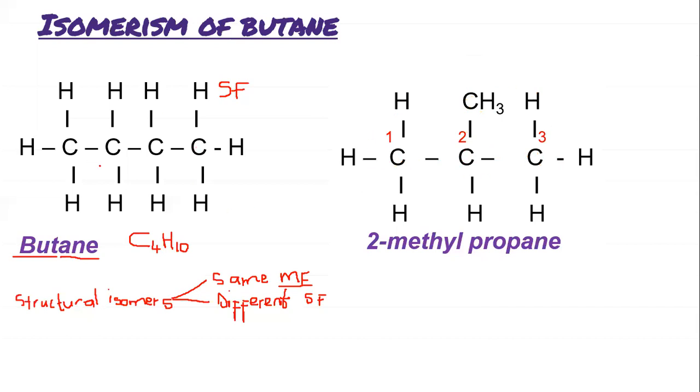It's not like this chain. So if it is branched, then I'll put my carbon there. Then the only thing that will be left will be to put hydrogens. And remember that each carbon atom must have 4 bonds. So I'll put 1, 2, 3 hydrogens. There's the 4th bond. Then around this one, it will be 1, 2, 3. The 4th bond will be that one altogether.